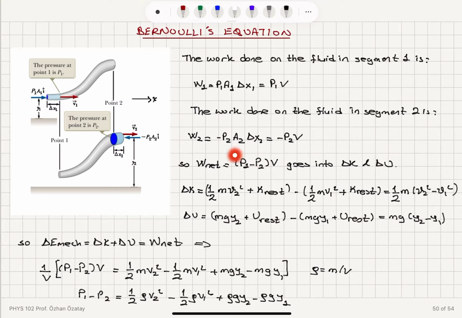Okay, so what is the net work done on this fluid? It is P1 times V minus P2 times V, since it's the same volume that is being displaced. This net work done by the external force goes into the change in the kinetic energy and potential energy, so that causes a change in the mechanical energy.